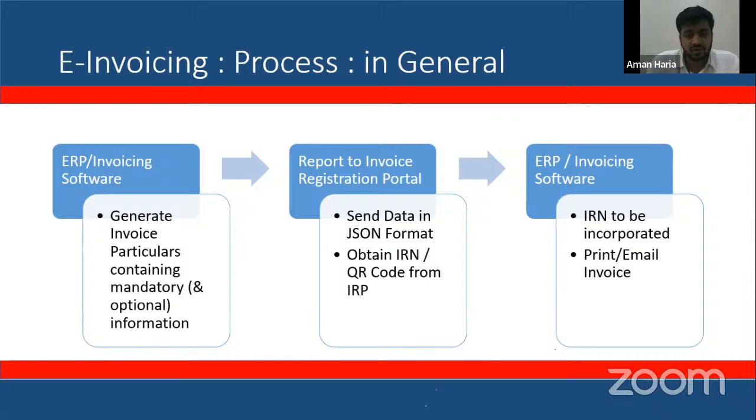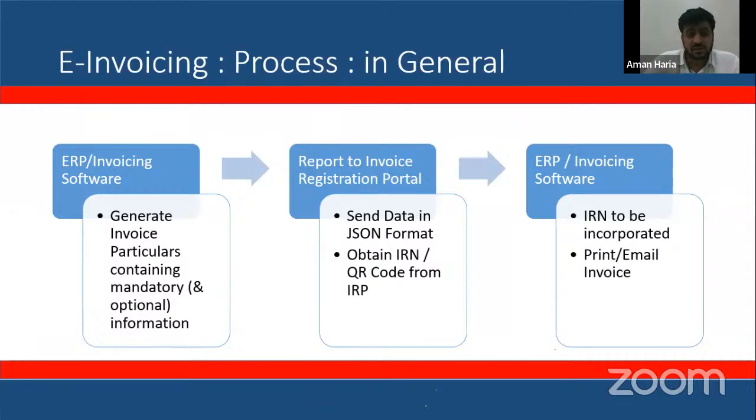Once you have captured the details for generation of invoice in your accounting software or Excel, you need to pause, because now these details will have to be sent in a separate JSON format to the e-invoice portal.